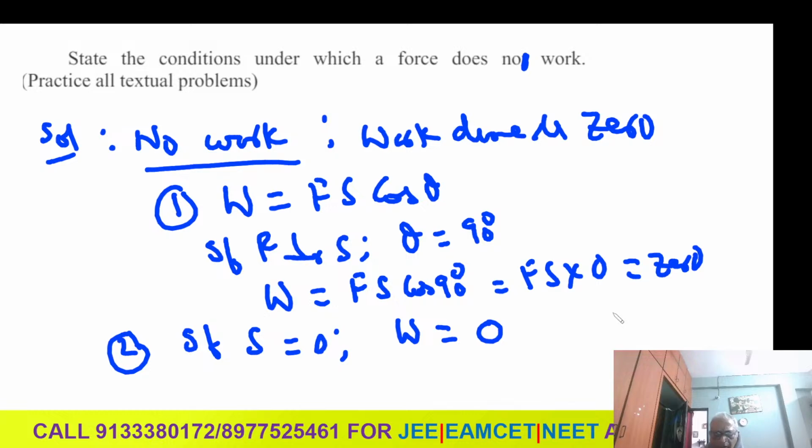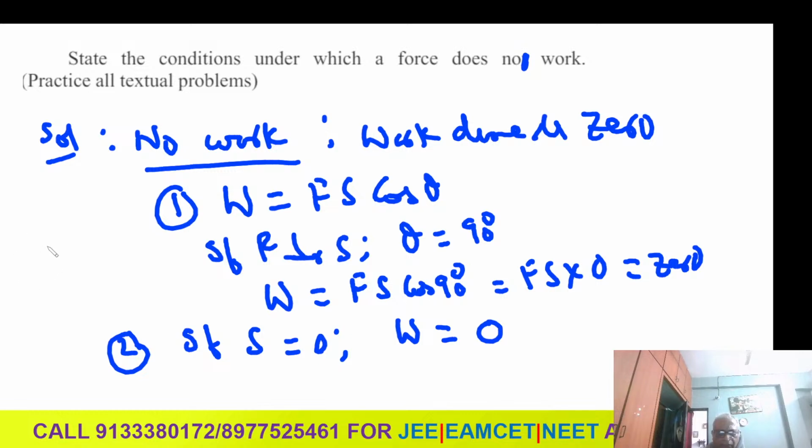For this example, a person is walking along the road, or a porter is walking along a railway platform, having some weight on his head. The person not only bears his own weight, the load weight also. That weight acts vertically downward, but he is walking along the platform, so the displacement is horizontal.